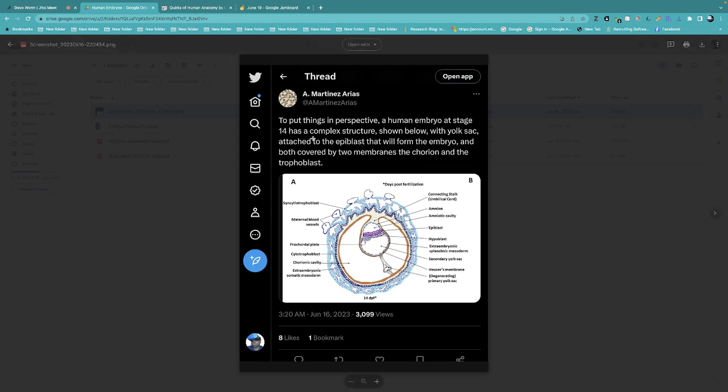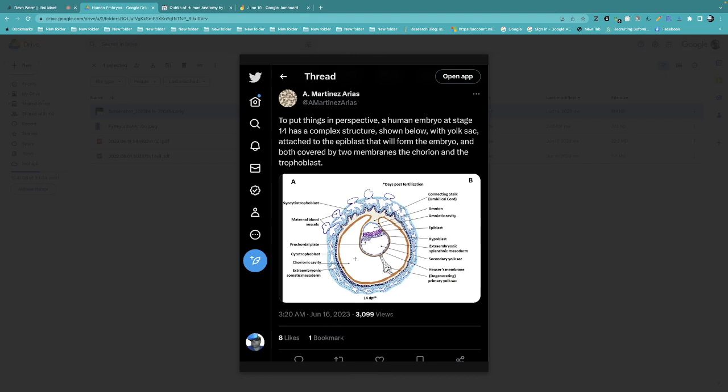A human embryo at stage 14 is a complex structure shown below, with the yolk sac attached to the epiblast that will form the embryo, both covered by two membranes, the chorion and the trophoblast. So you see here the amnion, the amniotic cavity, the epiblast, the hypoblast, and then the chorionic cavity.